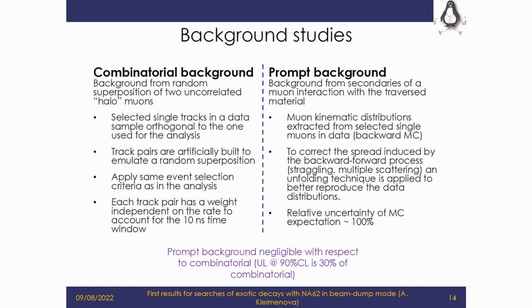And so since computationally it's pretty complicated to simulate the beam halo, we used a data-driven approach, and in this case we selected single tracks in data in a different trigger sample compared to the analysis, and then we artificially tried to superimpose track pairs, applied the same event selection criteria as in the analysis, and obviously in this case each track had its own weight to account for the rates and to account for the trigger downscaling and so on.